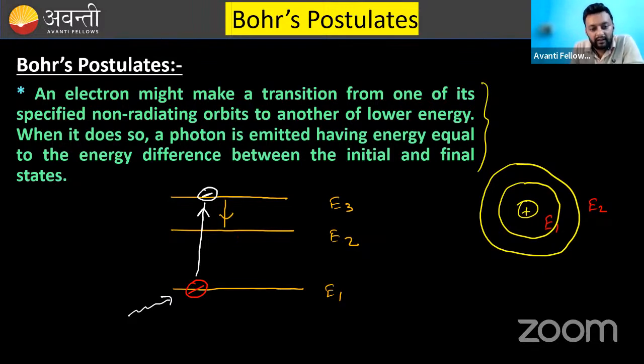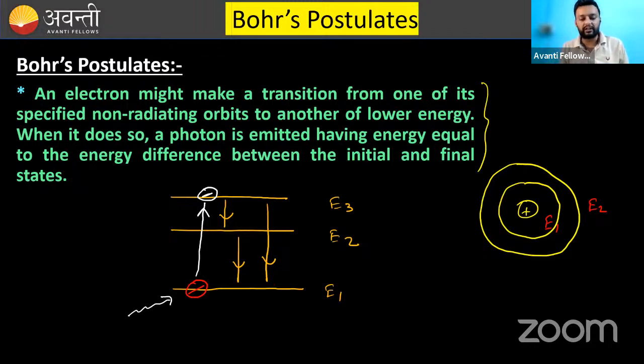While returning, there are various possibilities. So in one or two sentences: when electrons receive some external energy, they jump to a higher orbit, where they stay for a very short time and return back randomly. Randomly means if it jumps to the third orbit, it may jump to the second and then to the first, or it can directly jump to the first.